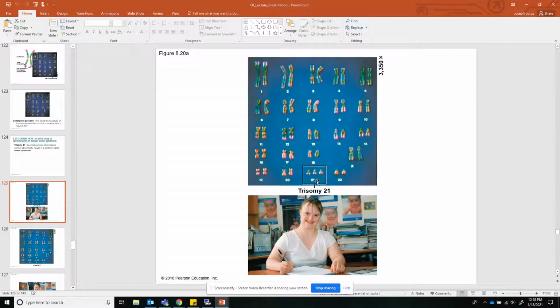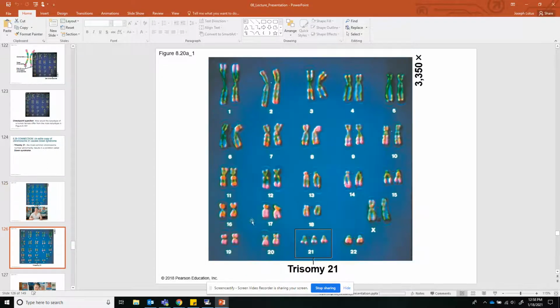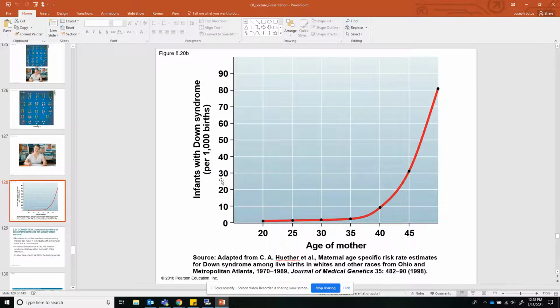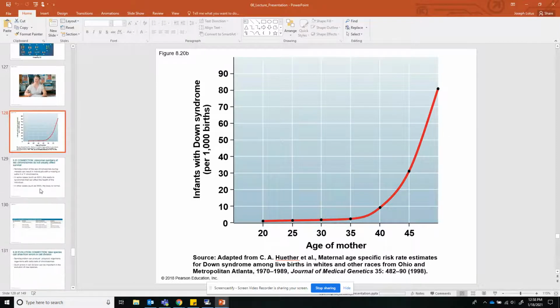And if you have 3 of this one, it can give you a pretty serious disease called Down syndrome. People with Down syndrome can still live happy lives, but their lives are very difficult because they're both physically and mentally handicapped. And basically, as the age of the mother increases, the chance of having Down syndrome gets higher and higher and higher.